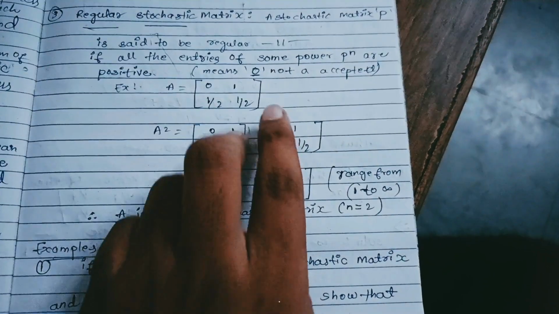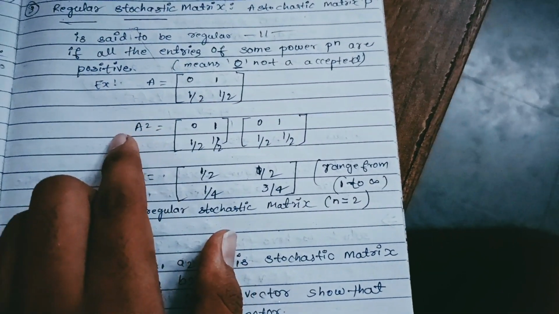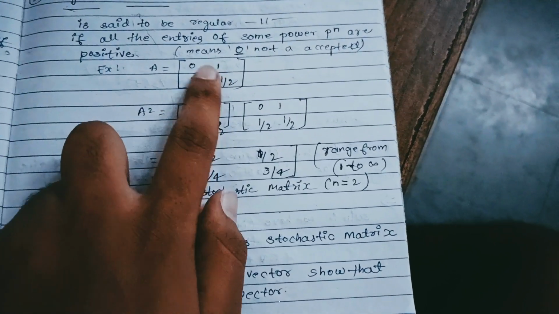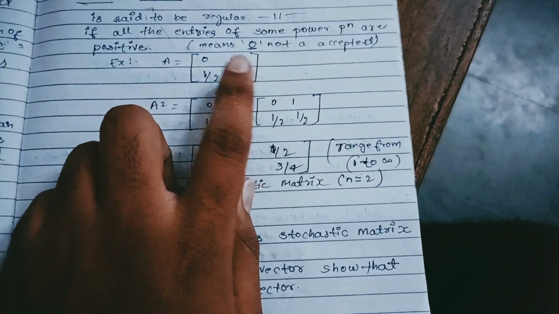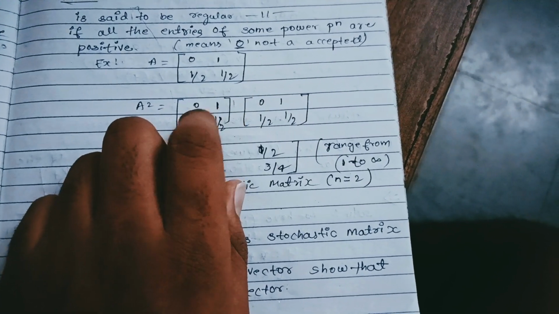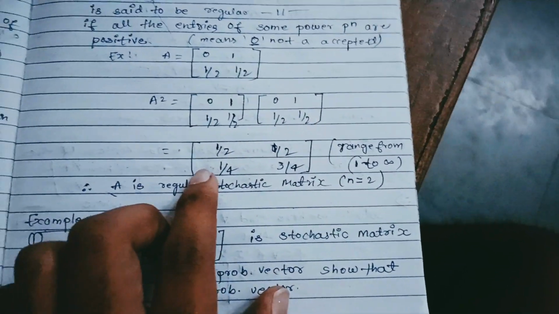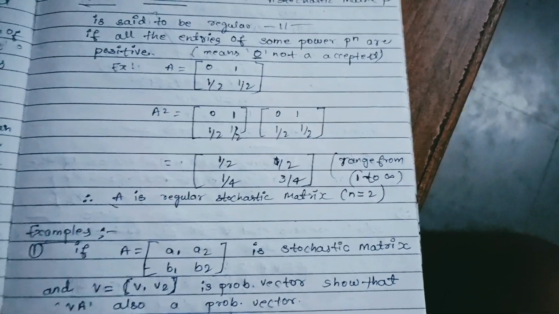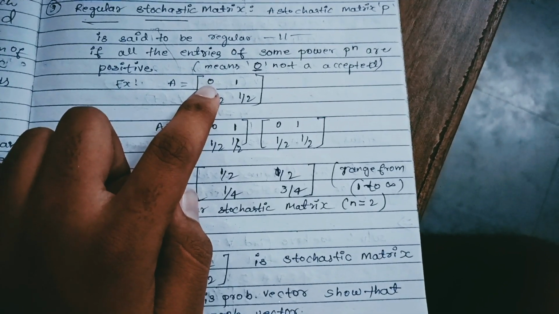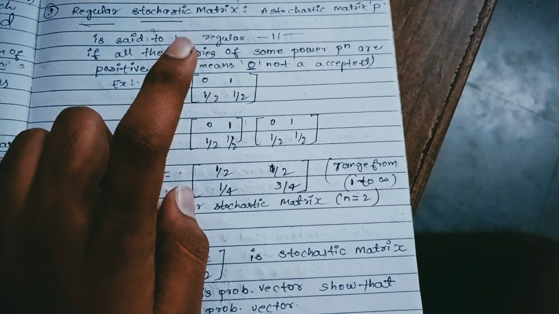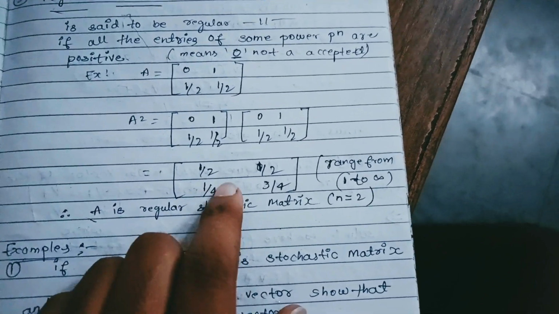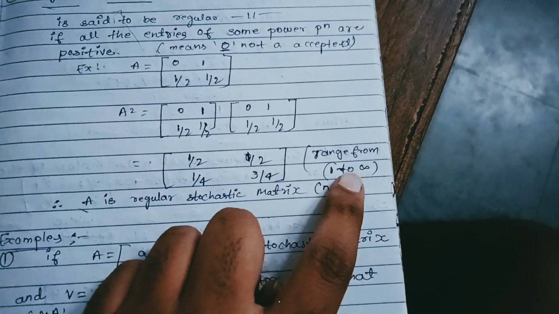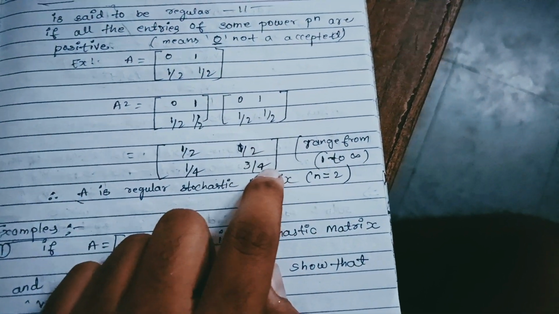Here n is equal to 2, meaning we multiply the same matrix with itself, A power 2, and keep multiplying until we eliminate the 0 in the matrix and still get a stochastic matrix. 1 by 2 plus 1 by 2 is 1, 1 by 4 plus 3 by 4 is 1.